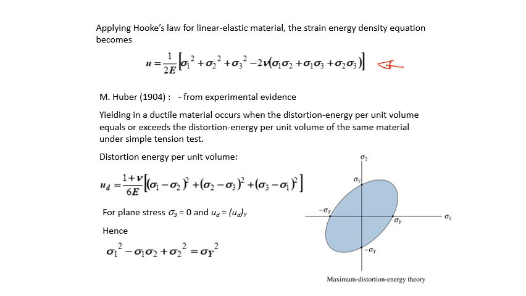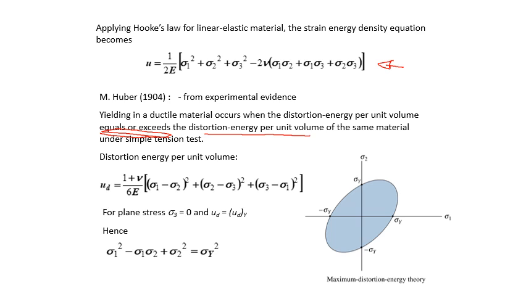Now, Huber did experiments, and from the experiments he did, he found that yielding occurs when the distortion energy per unit volume equals or exceeds. So if it equals, then it's considered to have failed. If it exceeds, then it's worse, right? If it equals the distortion energy per unit volume of the same material under simple tension test, then he says it fails because yielding starts to occur.